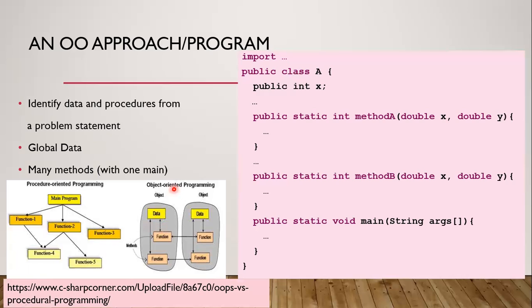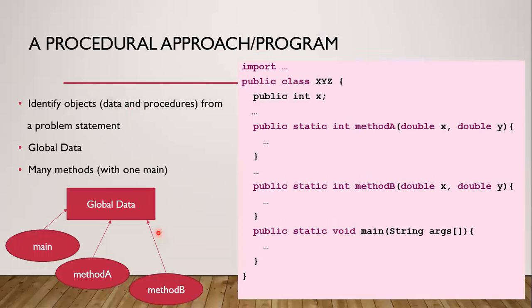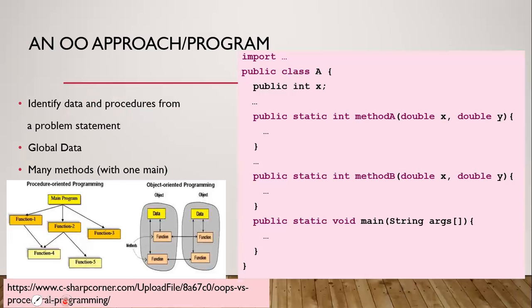In contrast to the procedural approach, in the object-oriented approach a developer would identify the objects, and every object is a collection of data and procedures. So what is actually happening here is that this part is being divided into many subparts, and these procedures are enclosed along with some part of the data into outer shapes like here.